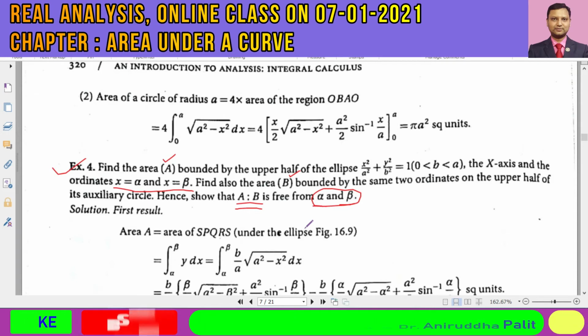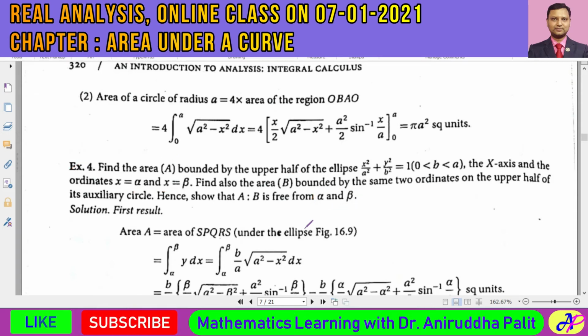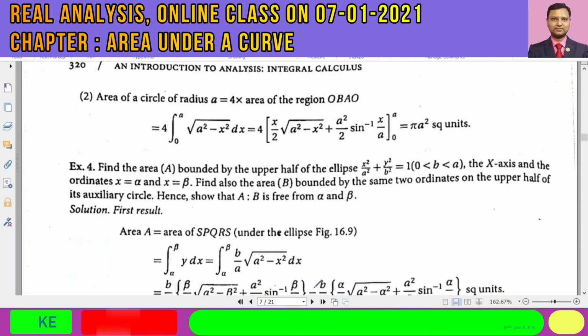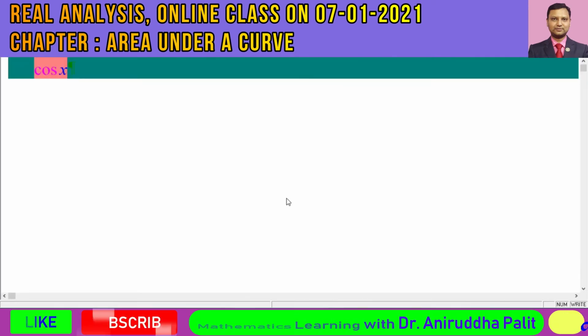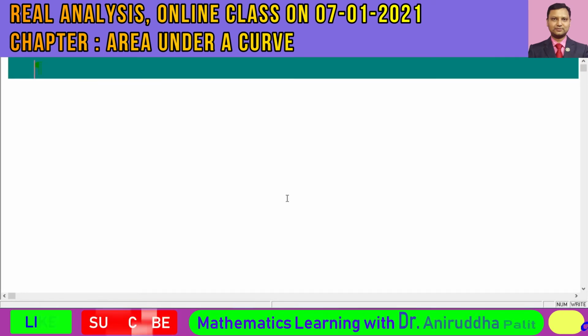Okay. And in computation of this ellipse, you see x square by a square plus y square by b square is equal to 1, where of course b is less than a. Let me write it over here because it is a bit comfortable for me.